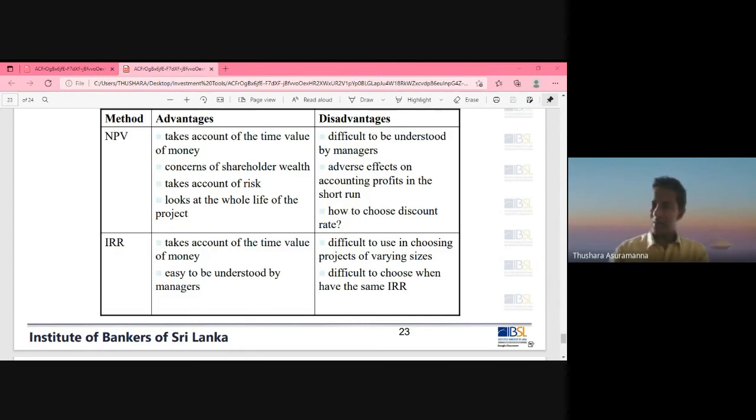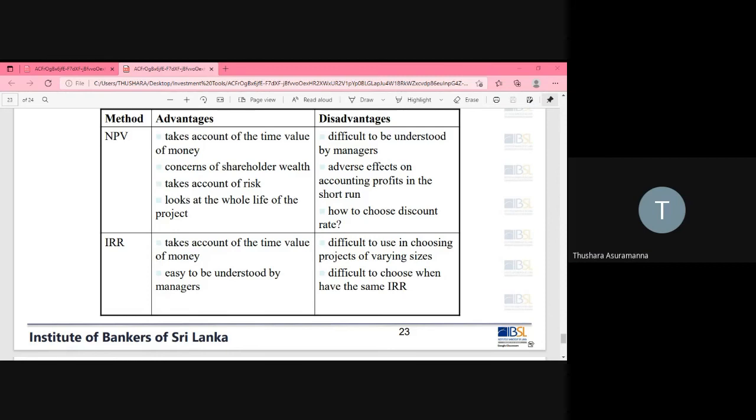Then you have 2 IRRs, and you don't know what exactly the correct IRR is. So you have problems selecting the IRR where there are multiple IRRs in a single project. So 3: difficult choosing with various sizes, difficult to choose when I have the same IRR, or difficult when we have multiple IRRs in a given project.